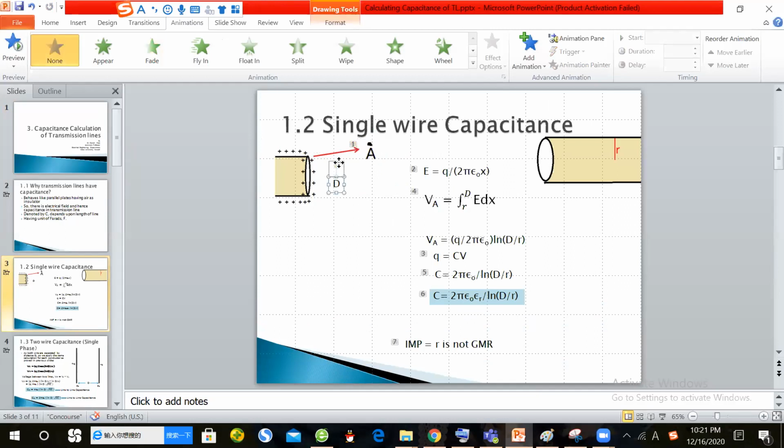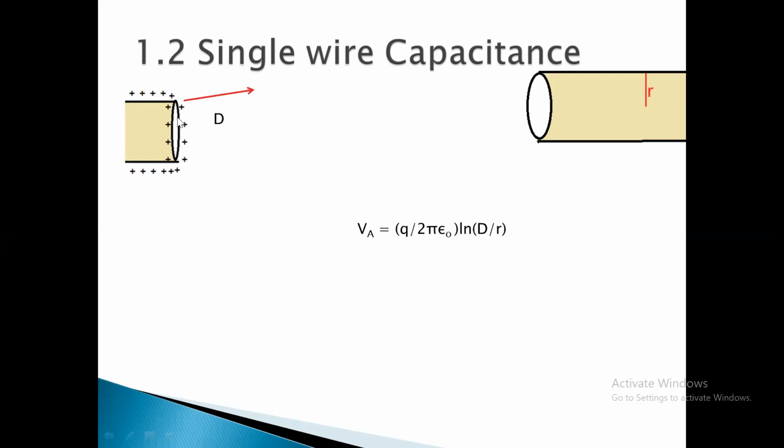I'm explaining why. We always measure the distance from the surface of the conductor, because one conductor only has one type of charge, whether it is phase or neutral. Same charges repel each other. So if a conductor has a positive charge, it will repel the positive charge and push it towards the surface of the conductor.